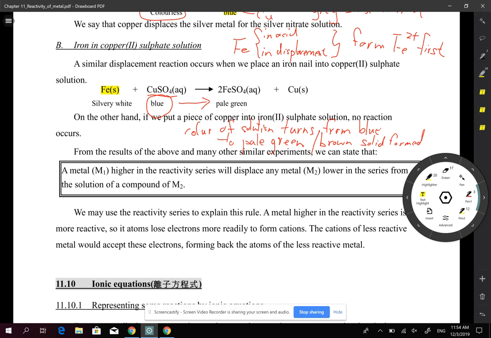So what is the formula of zinc nitrate? Zn(NO3)2. Yes. And the other product is? Silver. We need to balance slowly.